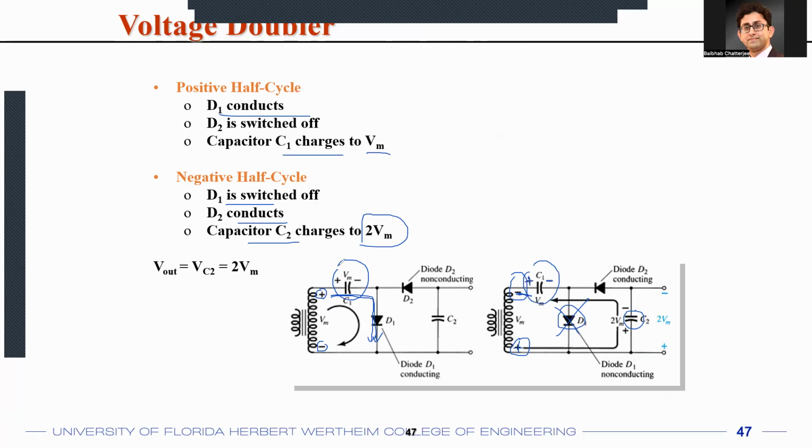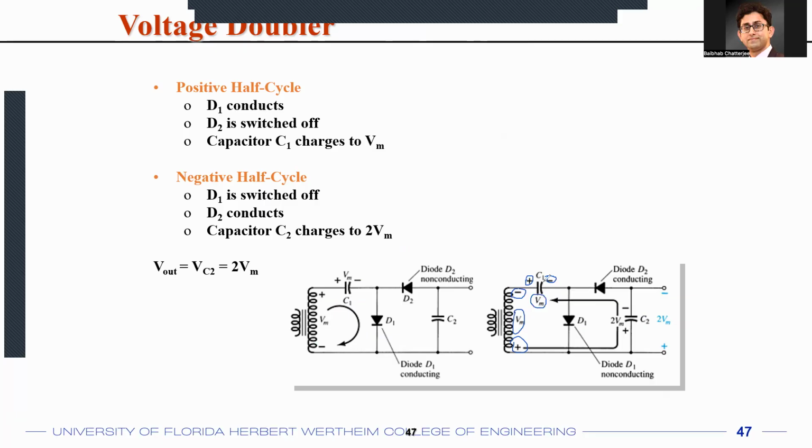So in the first half cycle, when you're storing the charge, it was stored in this direction, right? Because the entire voltage drop happened across the capacitor C1. So you know that the charge storage across the capacitor will look like this. So in the next half cycle, if you have this as plus, this as minus, this as plus, and this as minus, and you have Vm voltage here and another Vm voltage stored in capacitor C1.